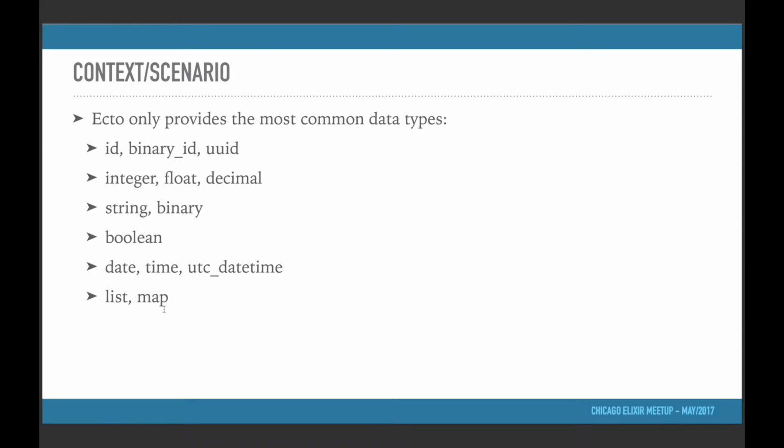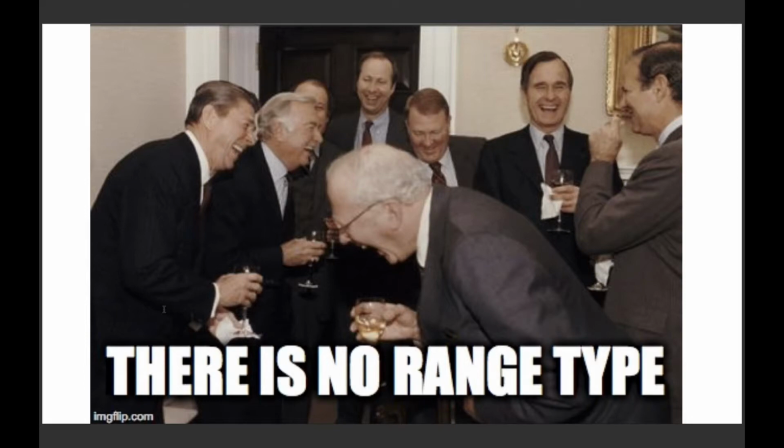Because Ecto is just that wrapper that covers all databases, but the specifics are based on the adapter, Ecto will provide you the common data types that we have in many databases. The most common, like ID, UUID, string, binary, whatever. But there is no range type there, right?